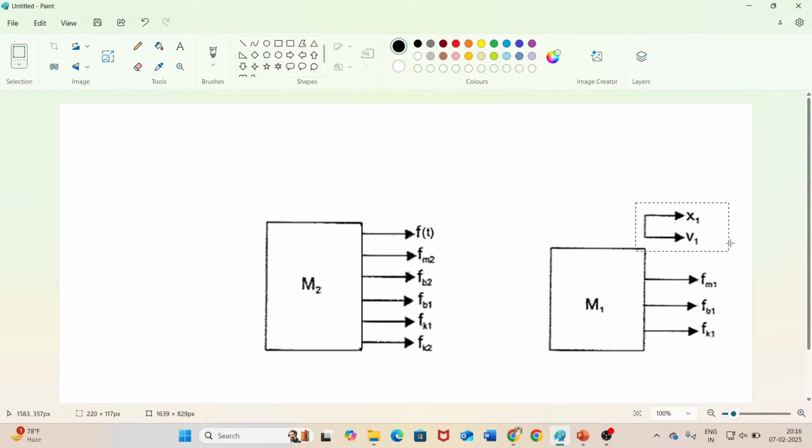Simply I just want to copy this and here, and instead of x1 I want x2.